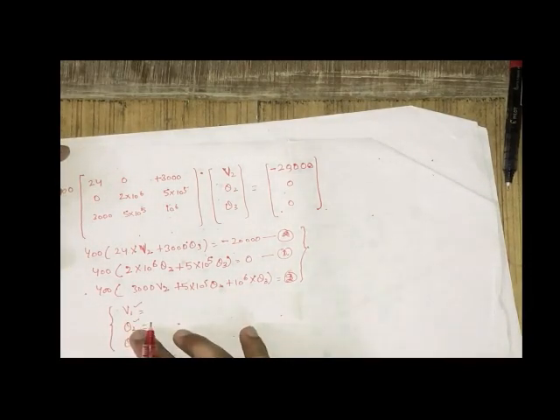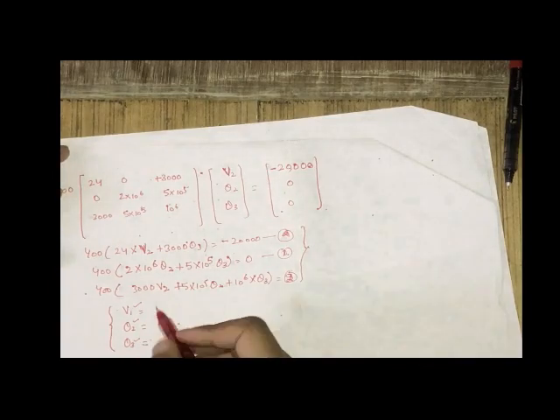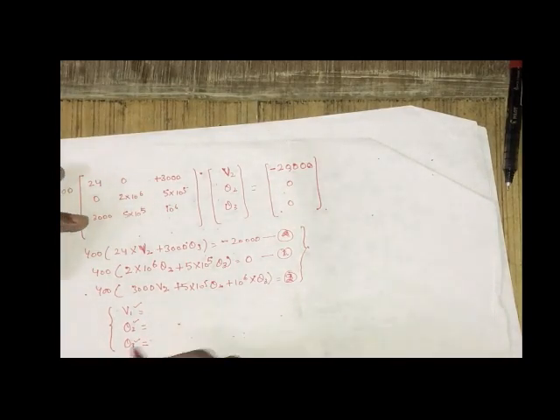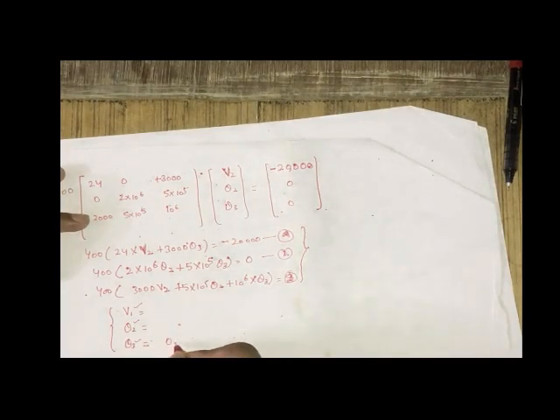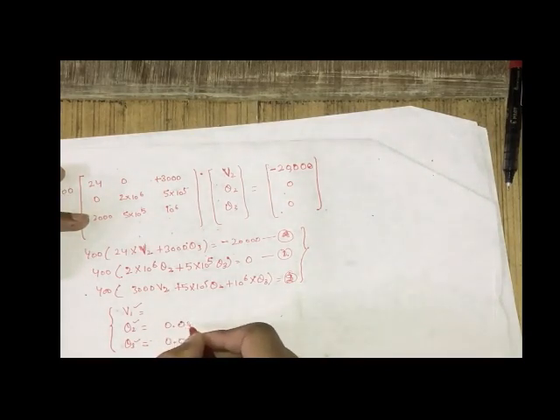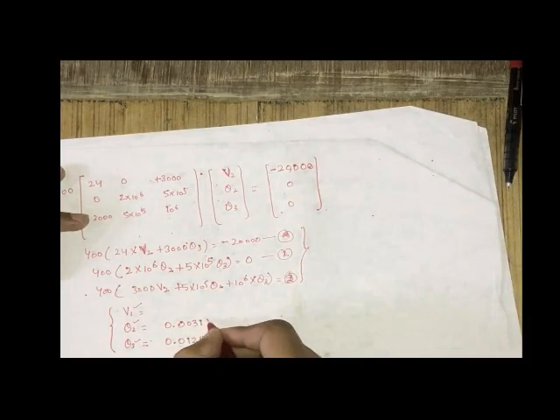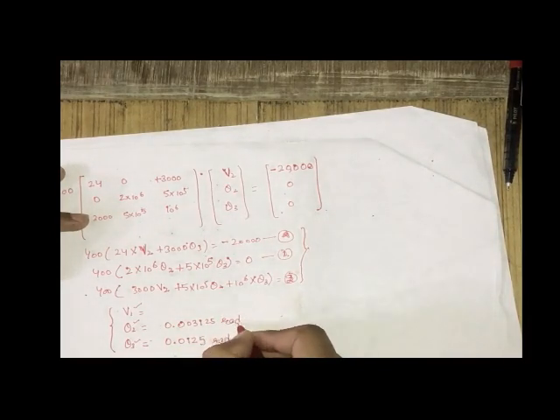I already calculated these values, so I am directly writing them here. Theta 3, as I got, is 0.0125. Theta is nothing but it should be in radians, so I can write it in radians, or later you can convert it into degrees also. Theta 2 I got here as 0.03125 in radians.